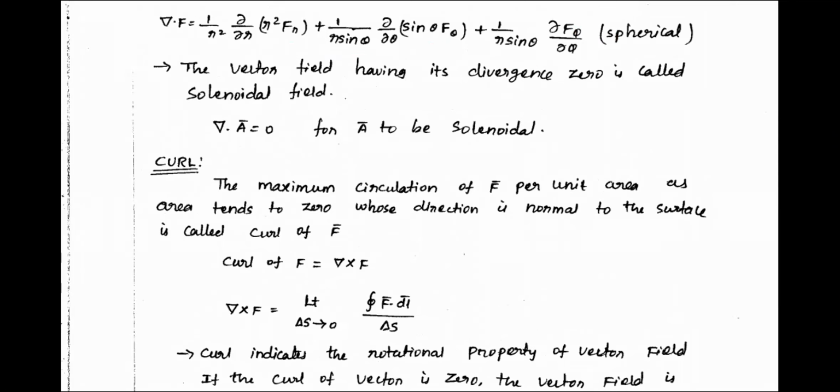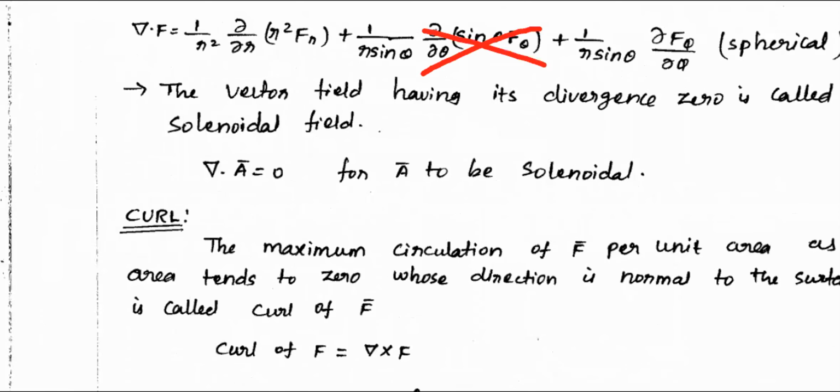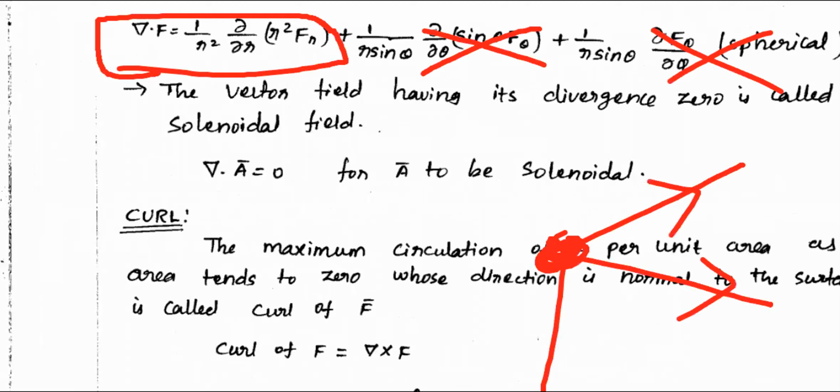If you see practically, in a practical case you will not get these components. Mostly you will get only this component, because you would have seen already: if I take a point charge, how is my vector going? It's radially outward.